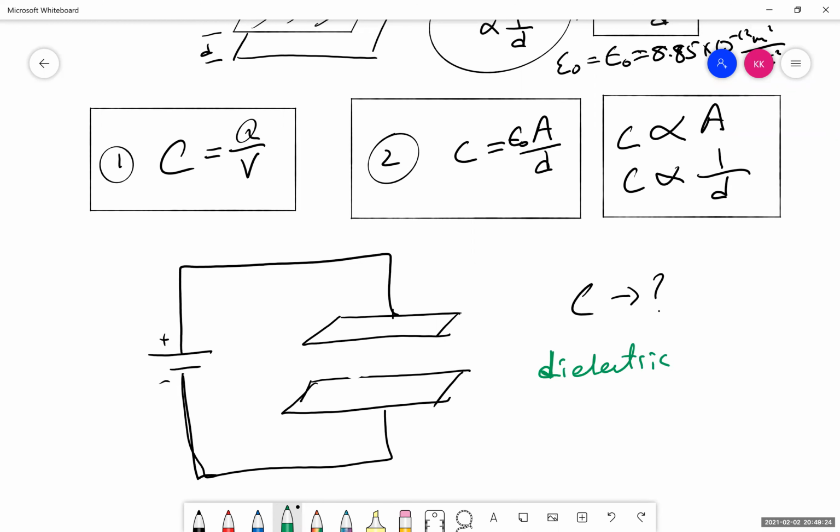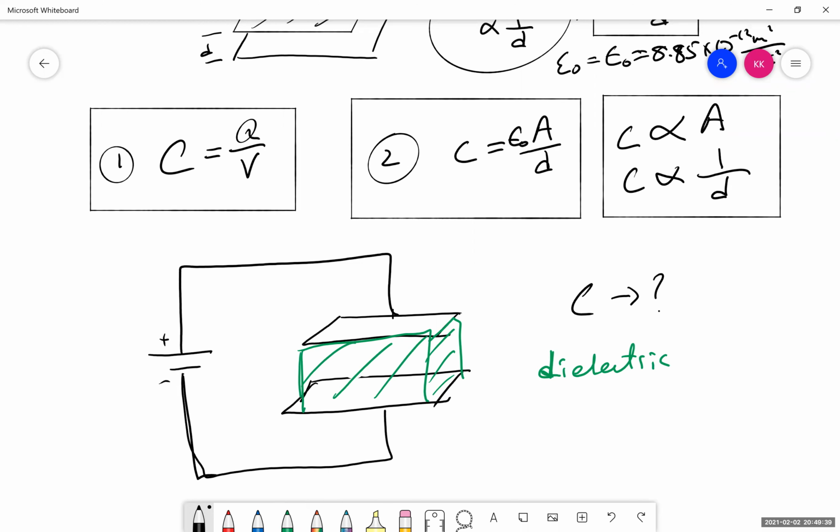A dielectric is some kind of insulating material that we can insert between the plates. And one of the things we're going to see is that this material, when you insert it between the plates, changes the capacitance.